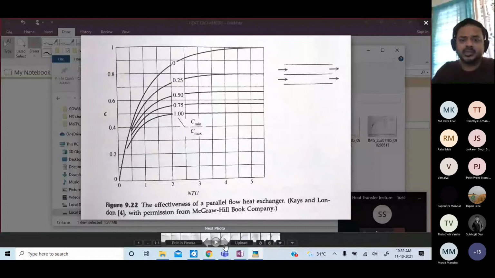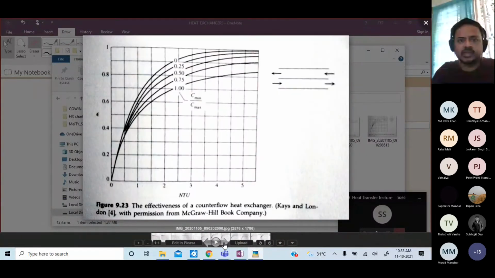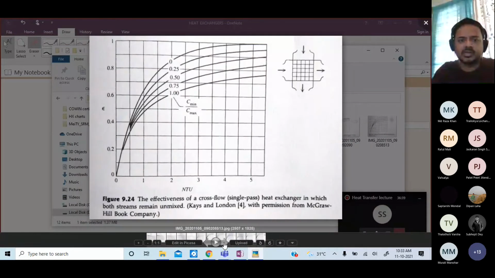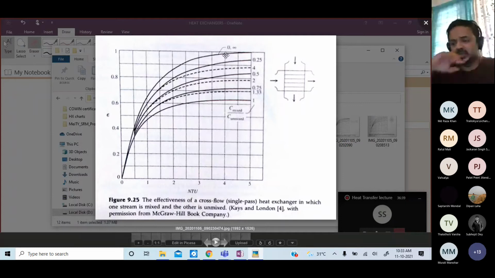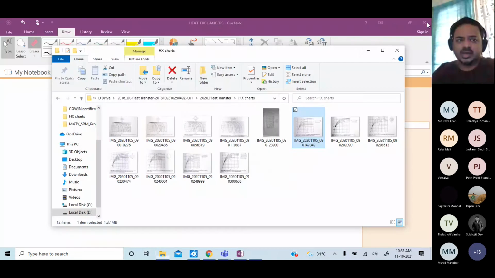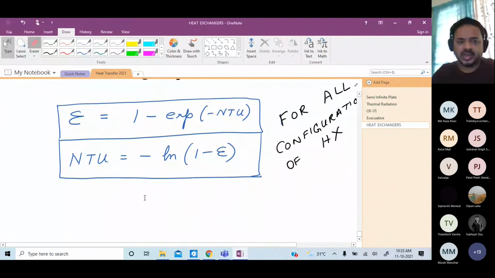Whether it's parallel flow, counter flow, cross flow, all of these. The 0 line is the same, because this is the expression 1 minus exponential minus NTU. All right. So what we will do is we will now wrap up this topic and today's lecture by solving one problem.